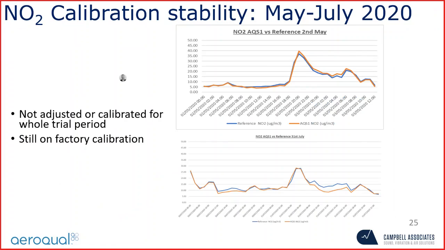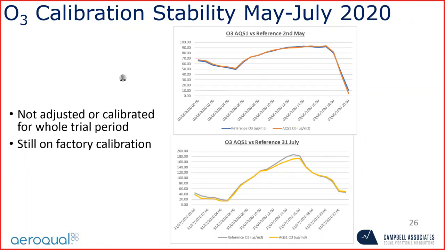Not only that, but the stability of the system meant that we were getting good correlation on the 2nd of May, which was the first peak that we had, but we were still getting the same sort of correlation at the end of July. And as I said, this was still on the factory calibration. No adjustment had been made since they were built in Auckland. And the same for ozone.